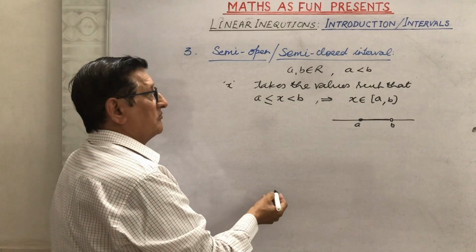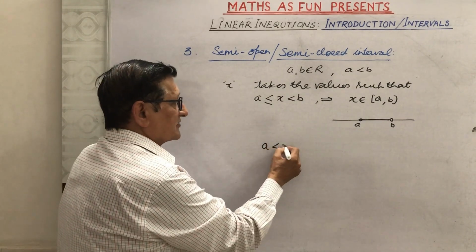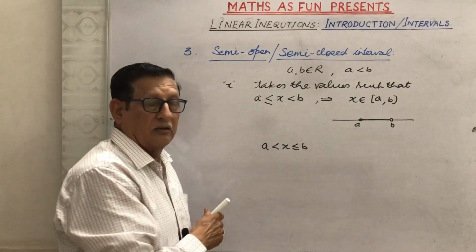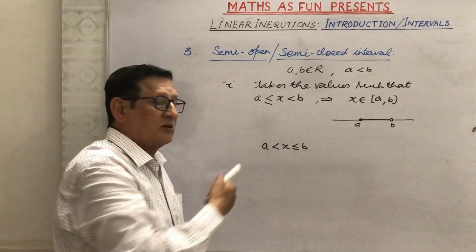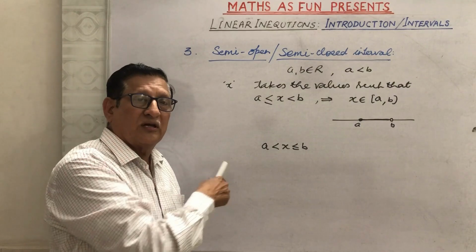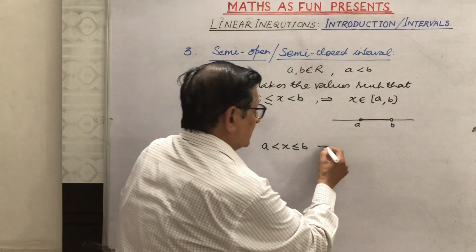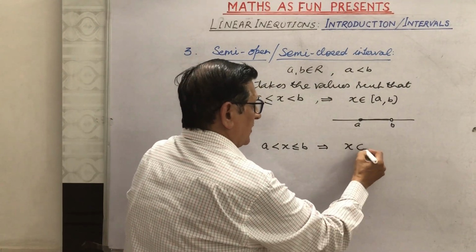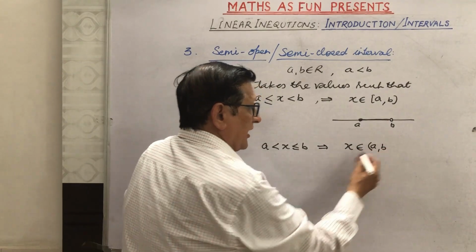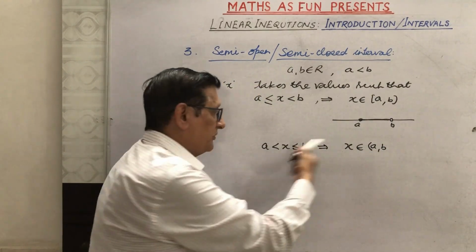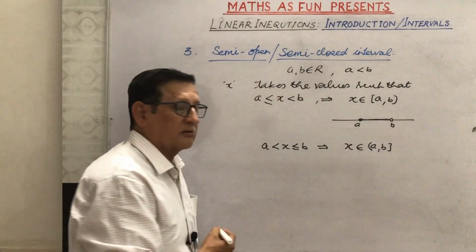But suppose it is like a is less than x is less than or equal to b, then we say it is closed on the right and open on the left. Then we represent this as x belongs to (a, b]. a is open means circular bracket. b is closed means this is square bracket.